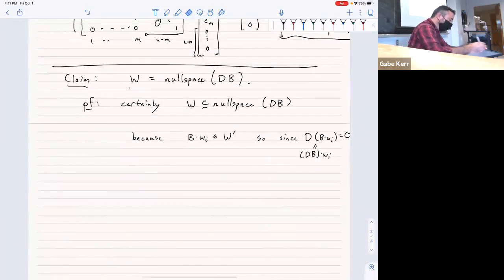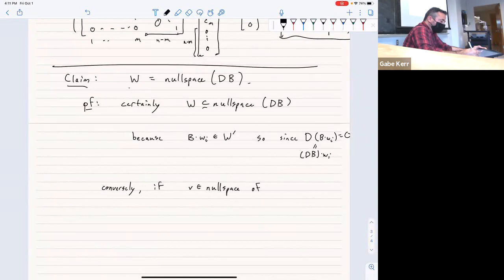So conversely, if V is in the null space of DB, then B inverse B is invertible.